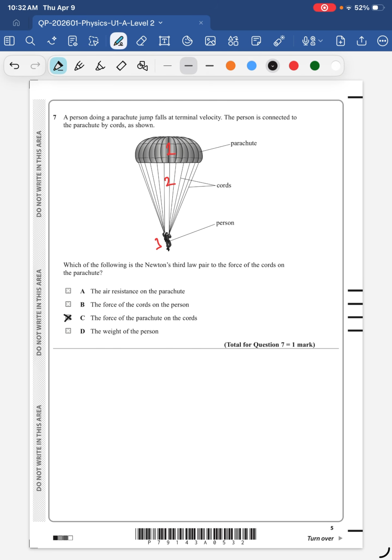And then D, the weight of the person. That's a different type of force. So you see again how 2 out of the four options are totally wrong, and these are D and A, because they describe different types of forces. And then B describes a plausible Newton's third law pair, but we don't care about the person, we care about the parachute and the cords. So option C is the correct one.